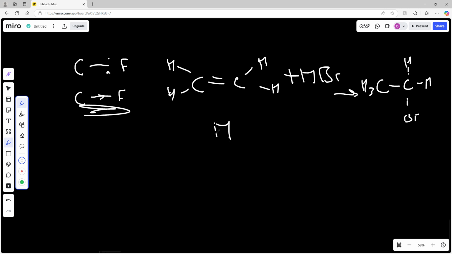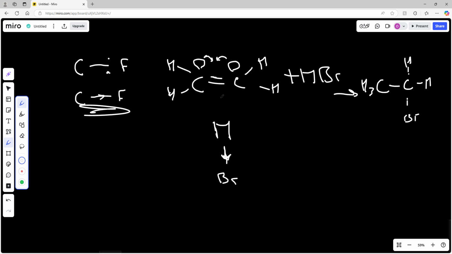If we draw out our hydrogen bromide molecule, obviously bromine is more electronegative than hydrogen, so we can draw the arrow like that, which shows electrons are more attracted to bromine. Now this double bond consists of a pi bond where the p orbitals overlap sideways, like that, as well as a sigma bond where the orbitals overlap head on.